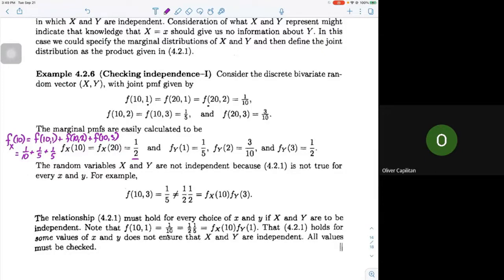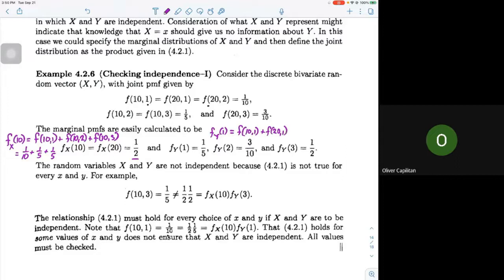So when the realized value is 1, we have here 1/5. Verify. Let's just do this part first. So we fix our y at 1 and then we vary along the x. So f(10, 1) plus f(20, 1).